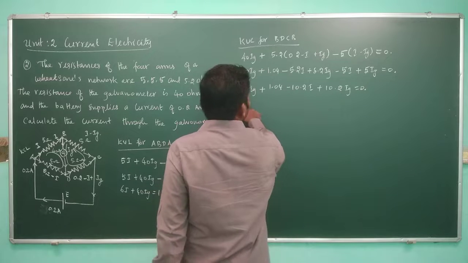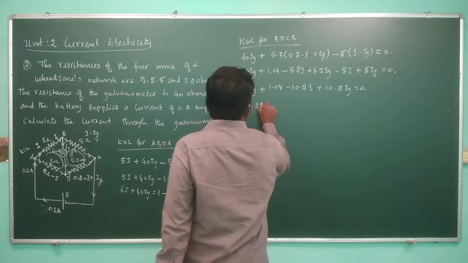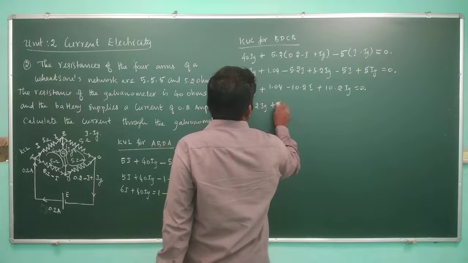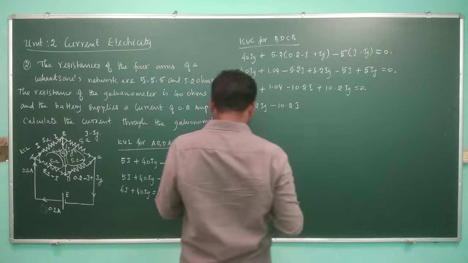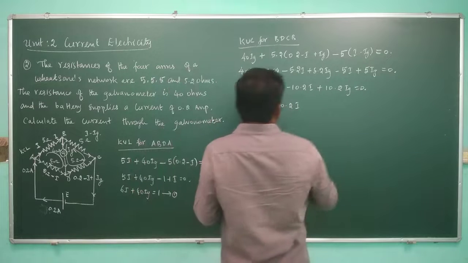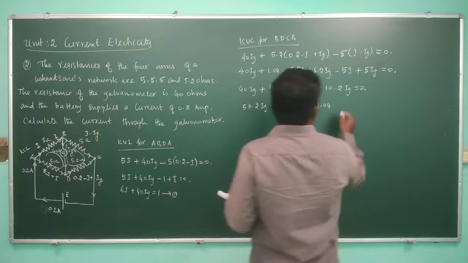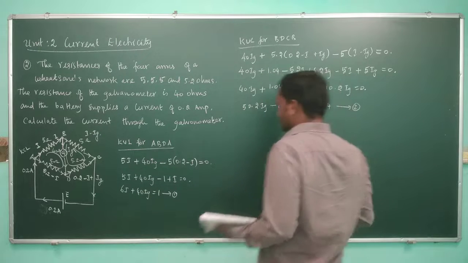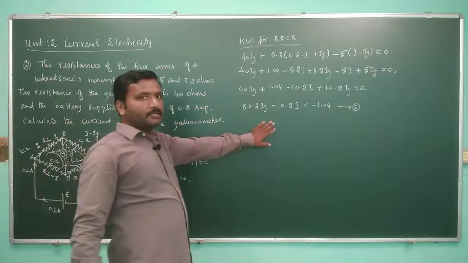So that 50.2 Ig minus 10.2 I is equal to minus 1.04, and this is equation number 2. Here equation number 1 and this is equation number 2.